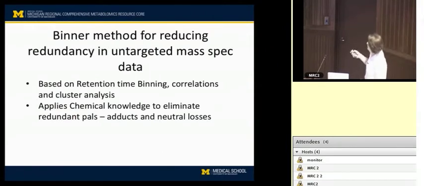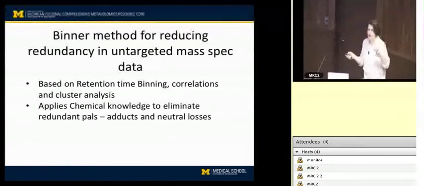And what Binner does is kind of unique. If you use XCMS or some of the other software that's out there, there are annotation programs that will go in and try to say, I can name a feature that's related to your feature based on some mass difference, but they don't necessarily take advantage of how well things are co-eluting.